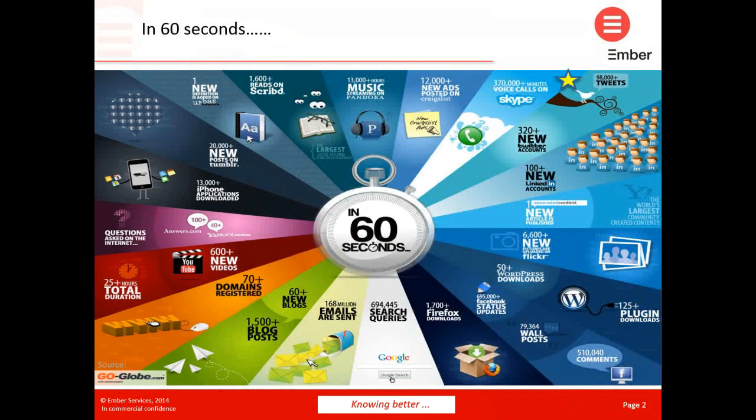Kind of classic consulting trick, really, but I wanted to show you this slide, which I think is really interesting and almost scares us into thinking, blimey, this is quite significant. This is a slide from Go Globe, who have articulated quite neatly what activity actually happens in 60 seconds. So in the top right-hand corner of the dial, you've got 370,000 voice minutes being used in the next 60 seconds on Skype.